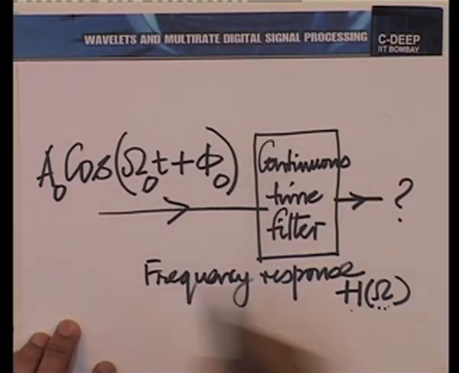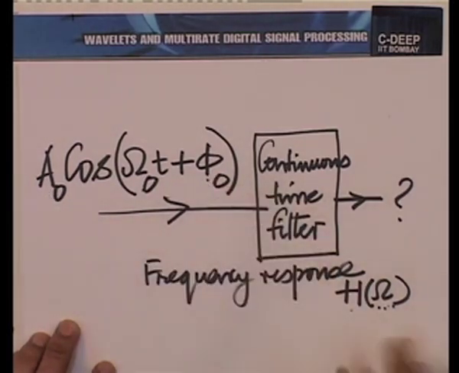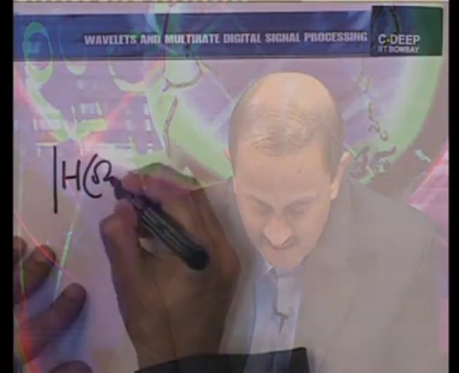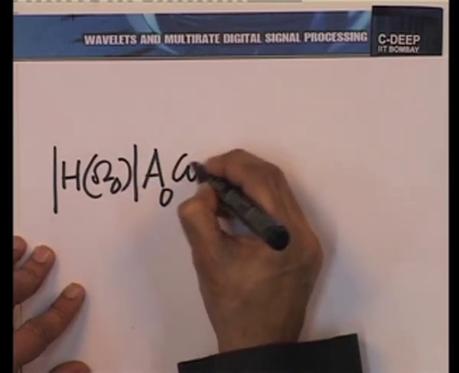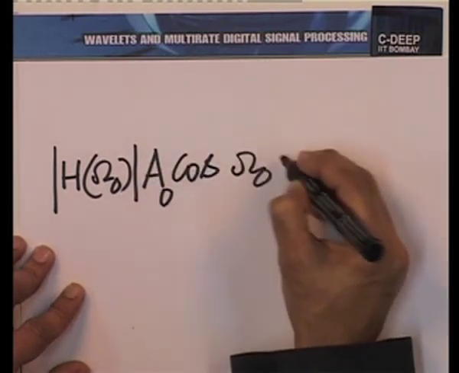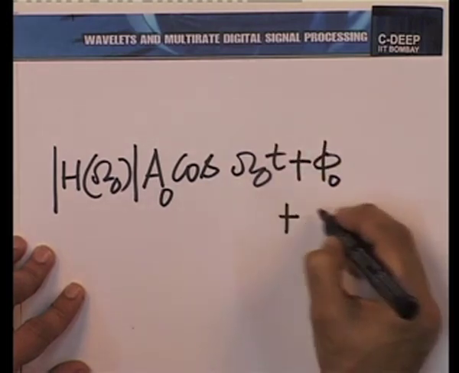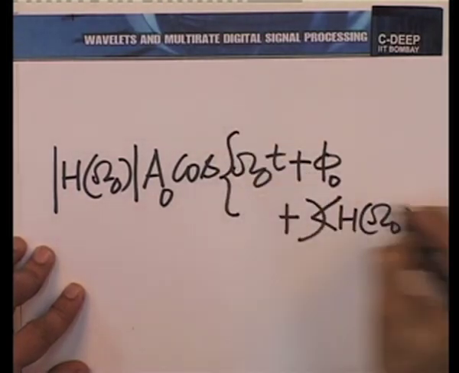The magnitude would multiply the magnitude, the angle would add to the angle here. So, in other words, what would come out is mod h evaluated at omega naught, times A naught cos of omega naught t plus phi naught plus angle of h evaluated at omega naught.